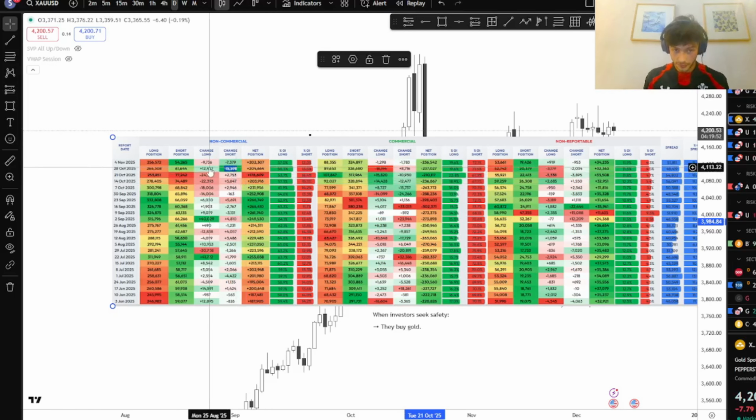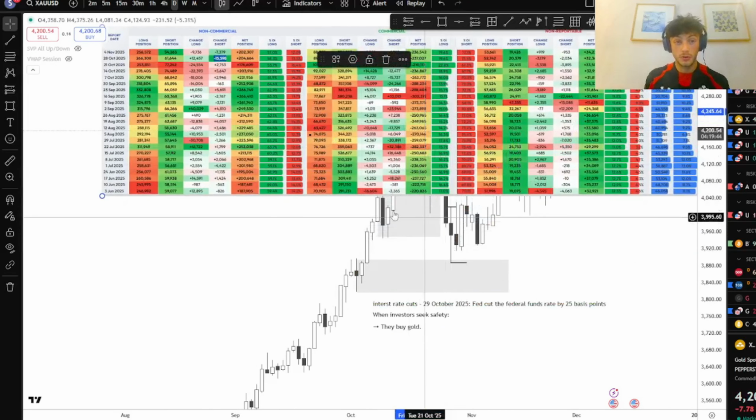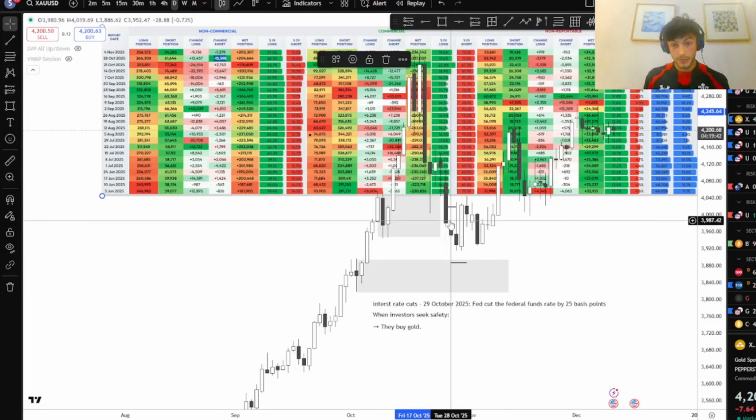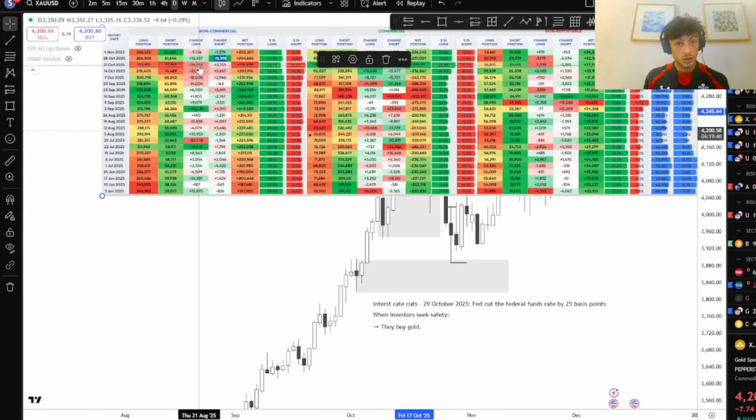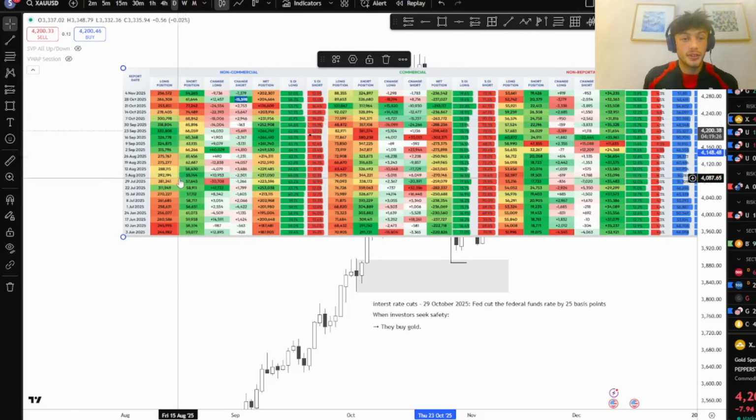As you can see, we go from cutting 24,554 longs on gold to adding 12,000 longs on gold. So we've come from a bearish sentiment to a bullish sentiment just in this week, from the 21st of October to the 28th. So this tells me that the institutions are adding longs onto gold.